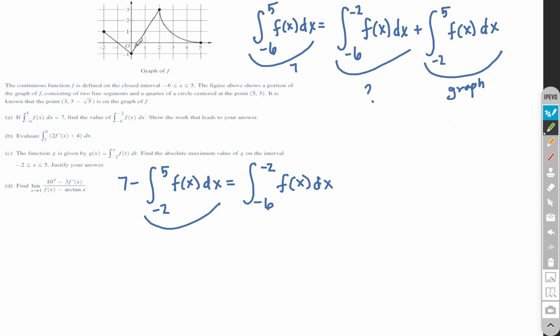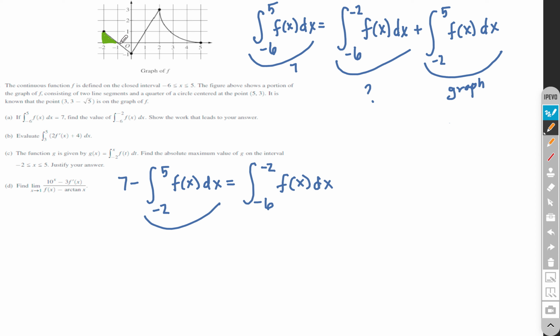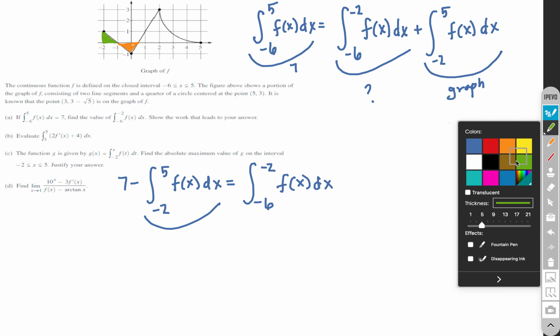So looking at this graph, the area under the curve, I'm going to shade it in. Right here, we've got area under the curve. Let me use a different color for the negative area. We've got this piece, and we have this piece.